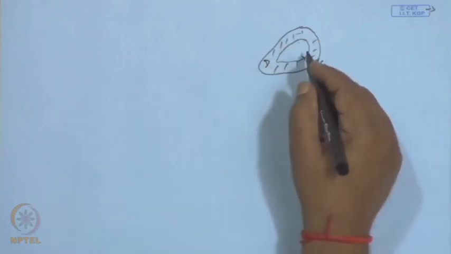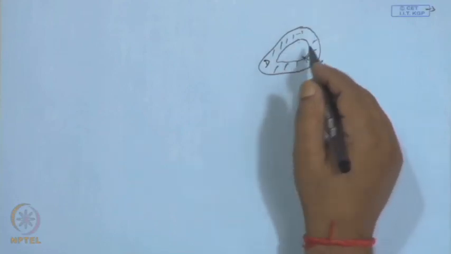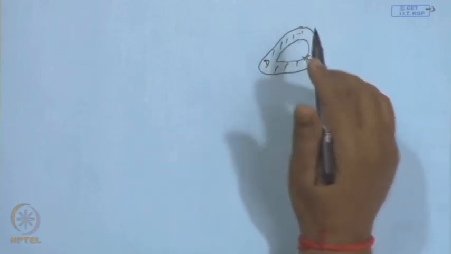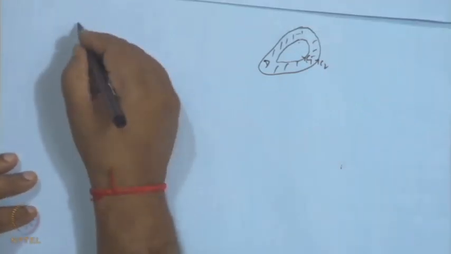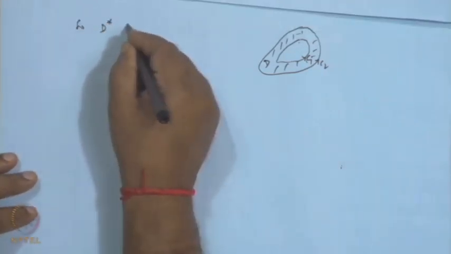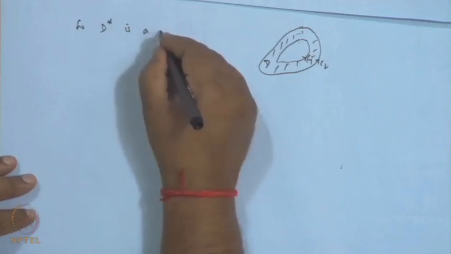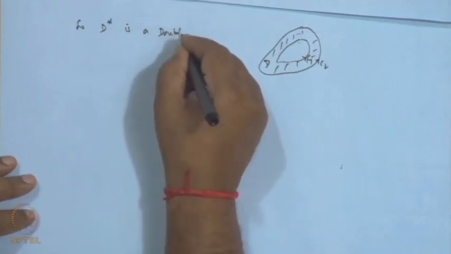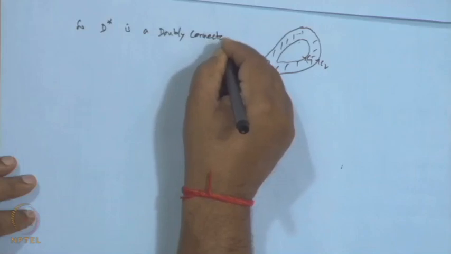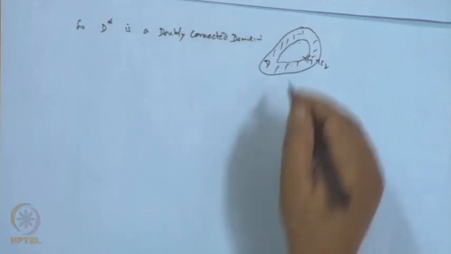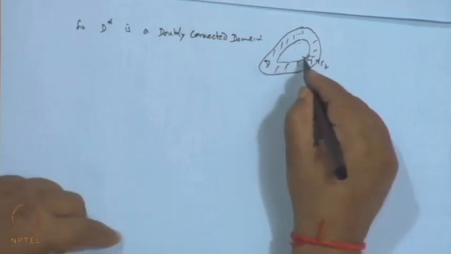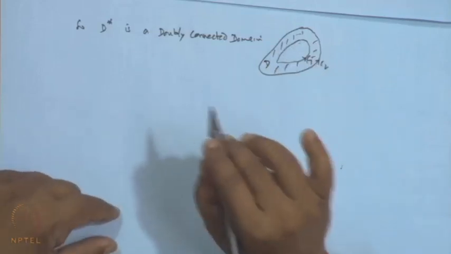So, basically D star is a multiple connected domain, not a simply connected domain. It is doubly connected, is it not? Because it has two boundaries and this portion is not there, so it is not simply connected.